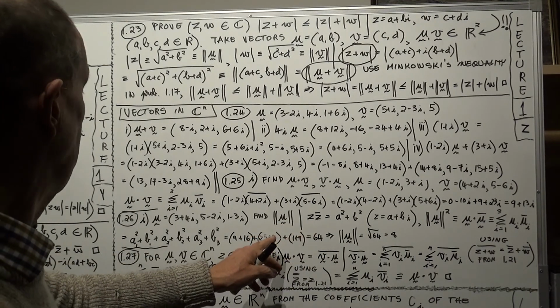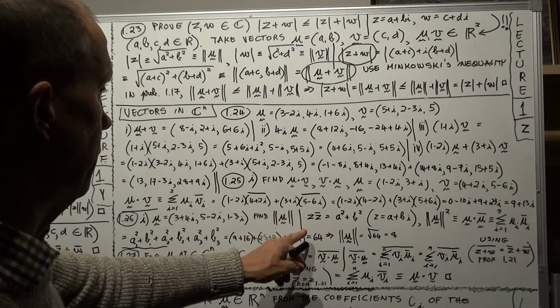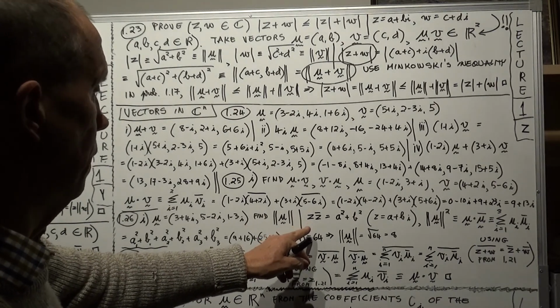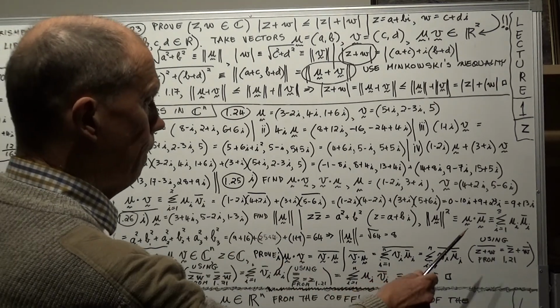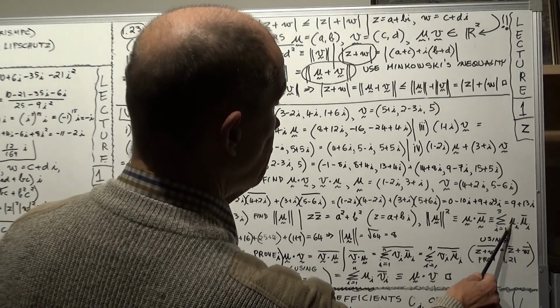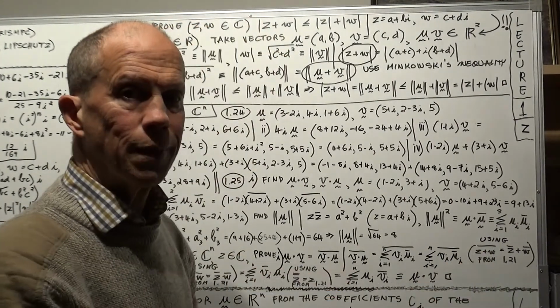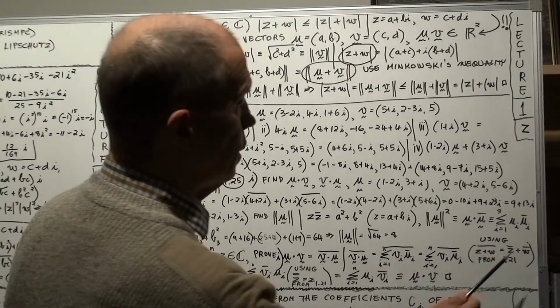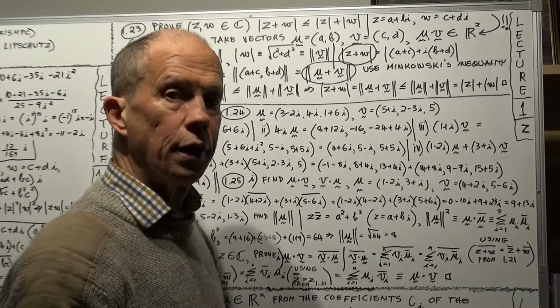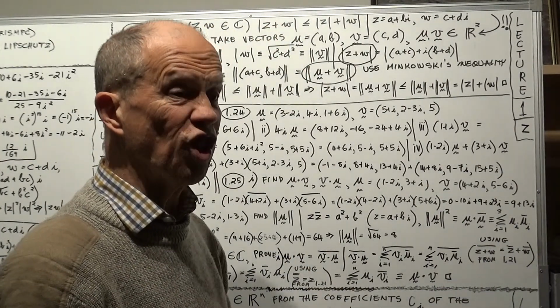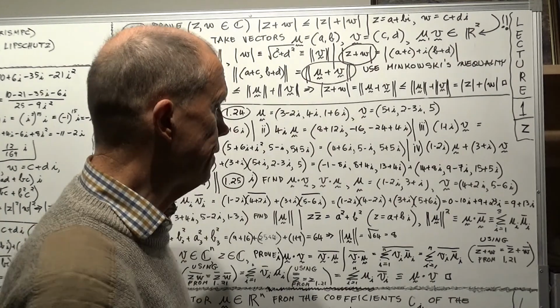Now, why am I saying this? We're talking about a complex vector, right? So this u_i is just a component of the complex vector. It's just a complex number. Just call it z.